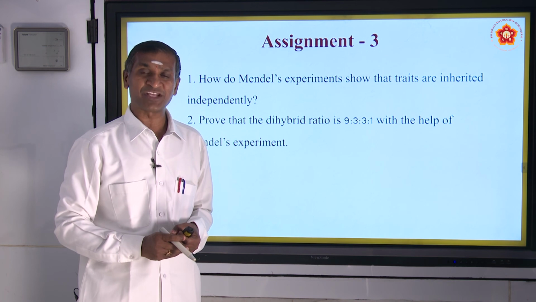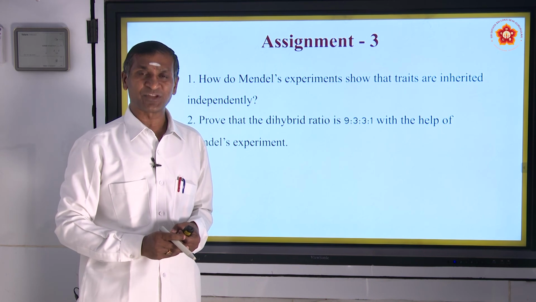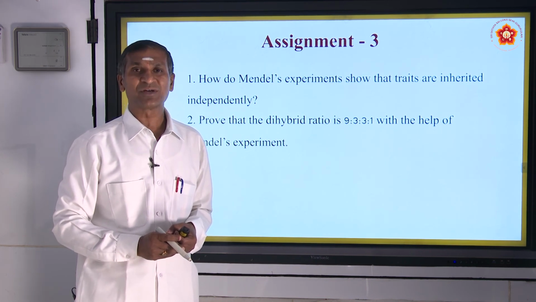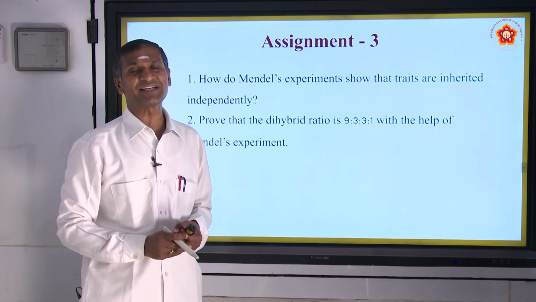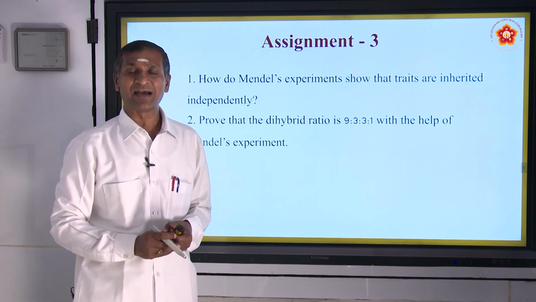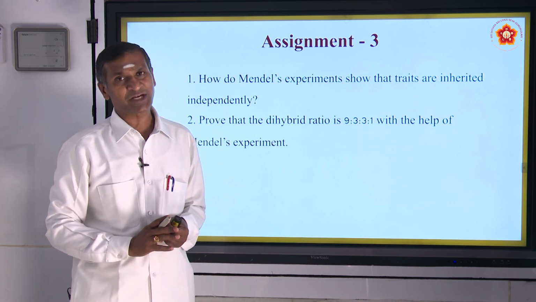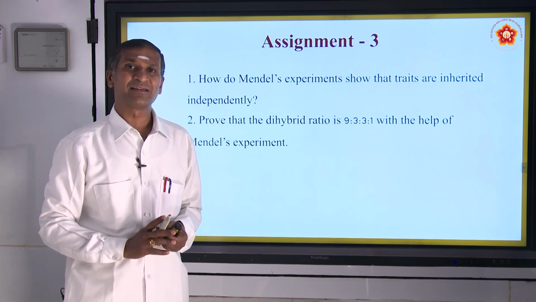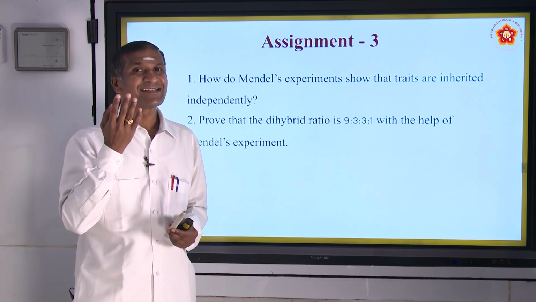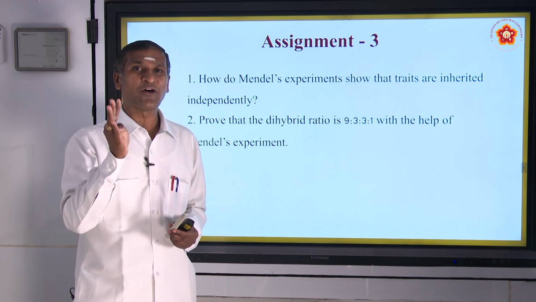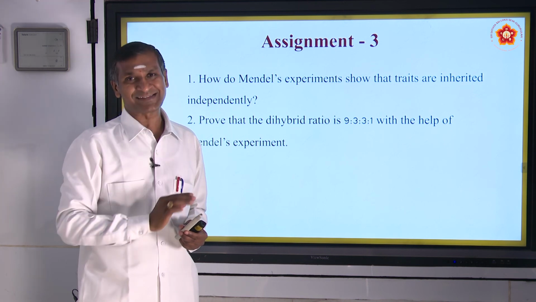The monohybrid phenotype ratio was 3:1, and the phenotype ratio of the dihybrid cross was 9:3:3:1. To his surprise, with all these characters, whether monohybrid or dihybrid, he came to a conclusion and finally presented 3 laws: law of segregation, law of independent assortment, law of dominancy.